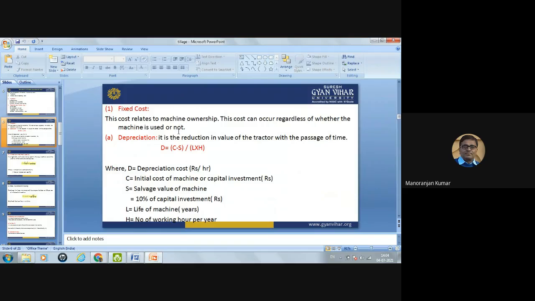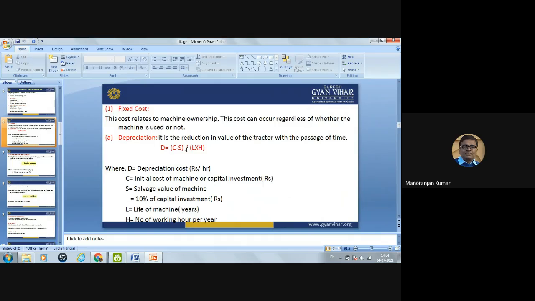S is the salvage value of the machine, and generally S is taken as 10% of the capital investment in rupees. L is the life of the machine in years, and H is the number of working hours per year. With the help of this equation, you can calculate the reduction in value of the tractor with the passage of time, whether your machine is running or not.